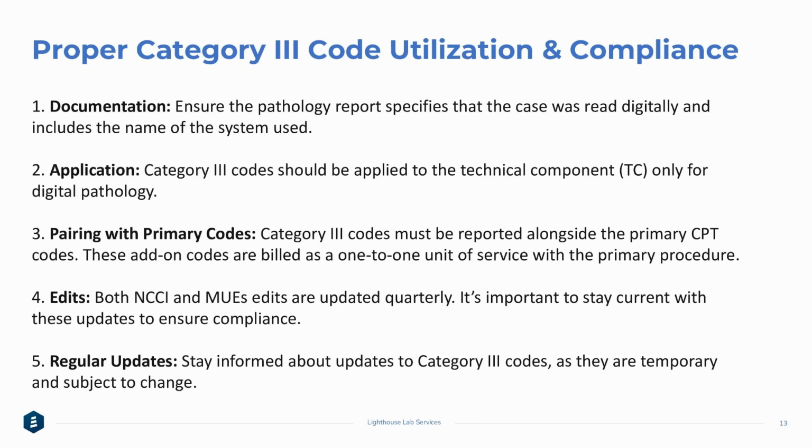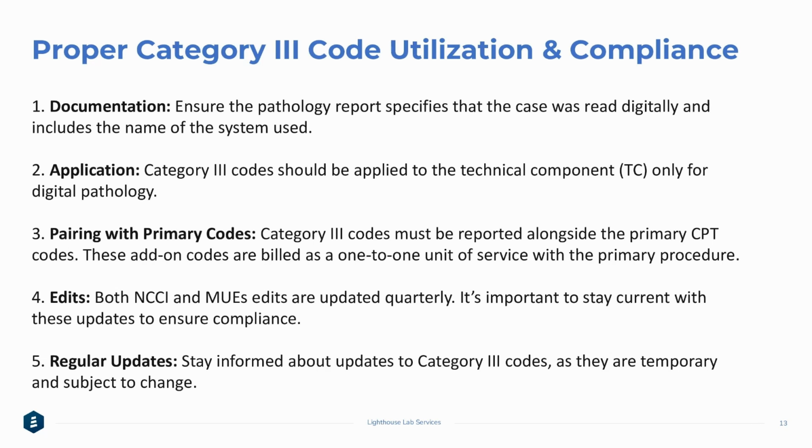So in those cases, the entity that prepares a digitized slide image or performs that digitization procedure may report the applicable add-on Category 3 code. So that's important to note. There's a handful that don't have that TC component currently.